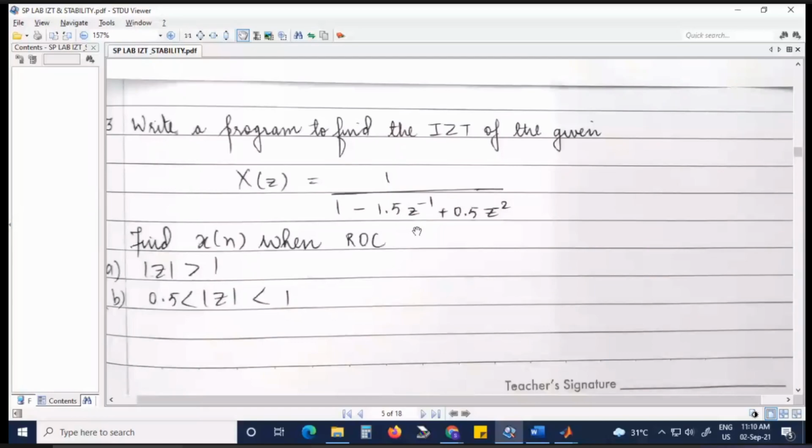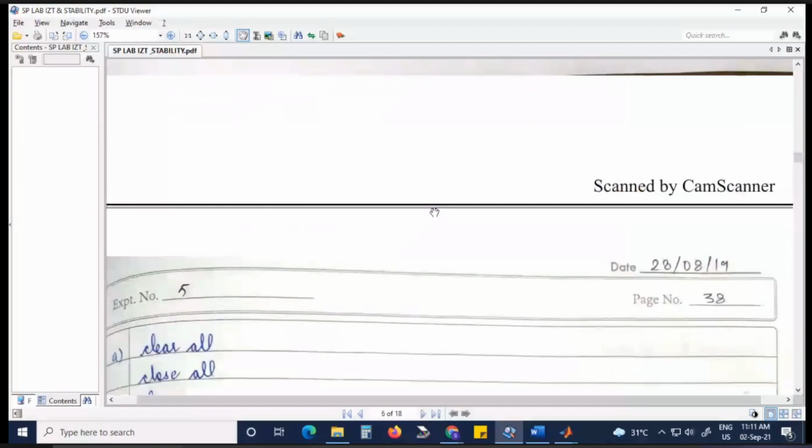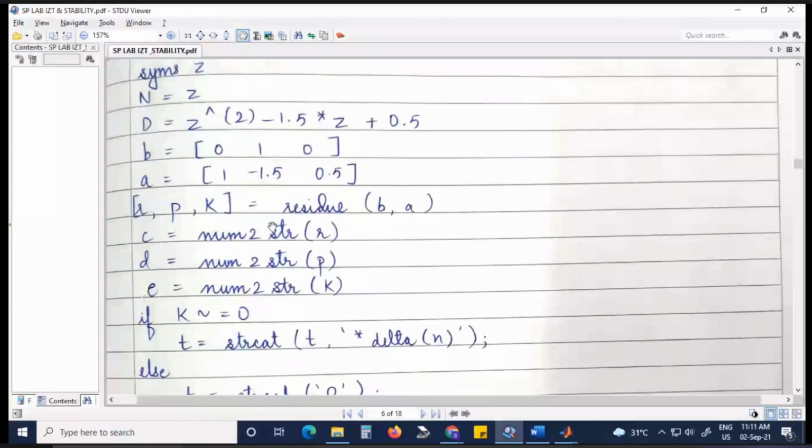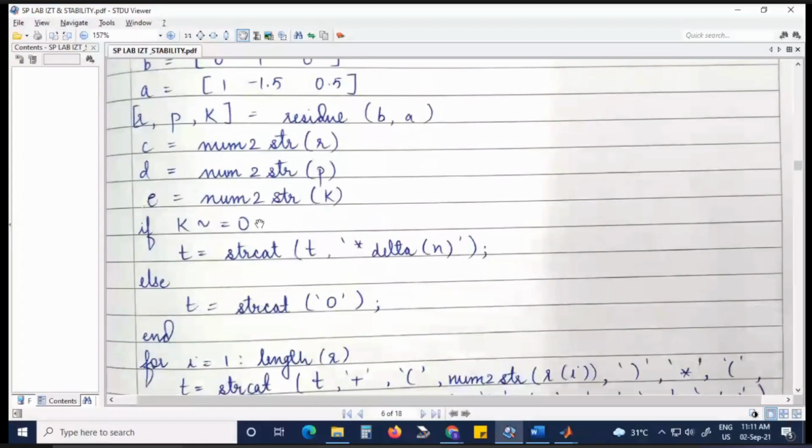If three poles are created, there will be three terms: r1 divided by z minus p1 plus r2 divided by z minus p2 plus r3 divided by z minus p3, each term having a constant r with pole p.